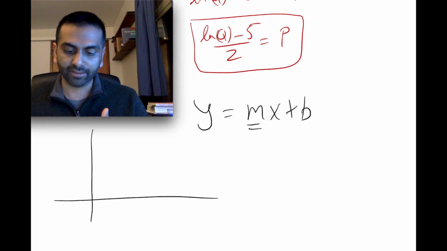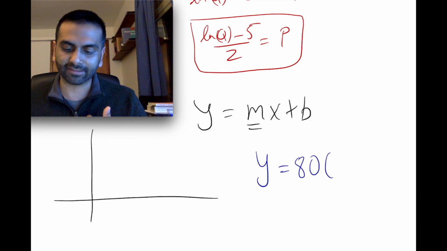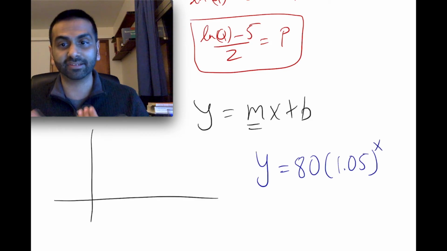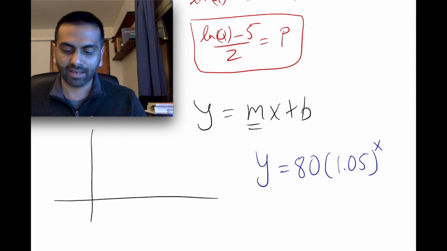Then if you started off with 80 people being infected and growing by 5% every day, your function would be 80 times 1.05 to the x, where x is the number of days. So you're increasing it by 5% every time period.